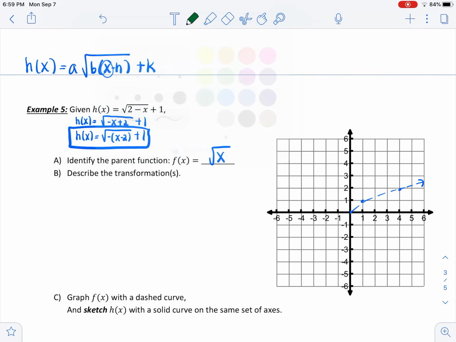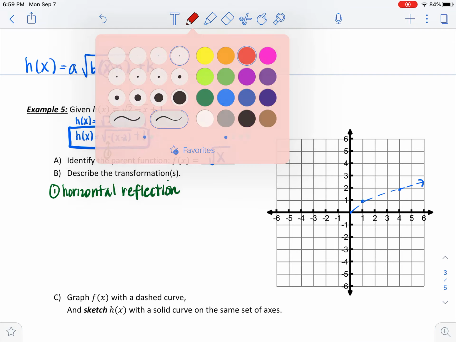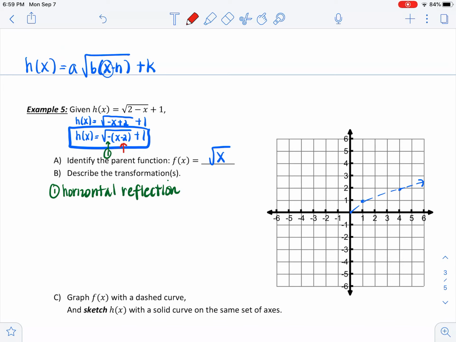Okay, let's go through each part and see what's happening here. So we have this negative in front of x, but it's inside the parentheses. So that is horizontal. And since it's a negative, it's reflecting. So horizontal reflection. Next, we have this minus 2, so that's right 2.